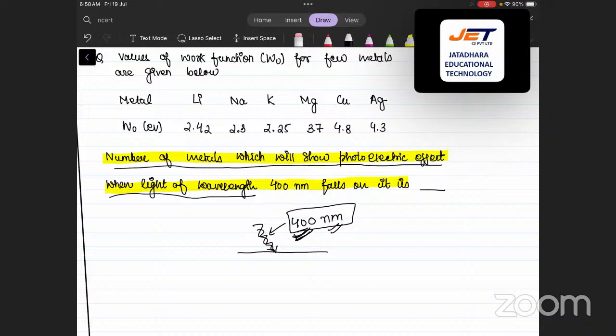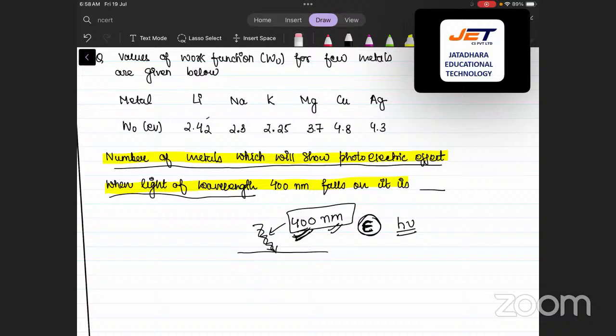Yes, Omkar. Is it possible to calculate the energy for radiation of wavelength 400 nanometer? Yes. So the energy that we are providing is h nu, correct?